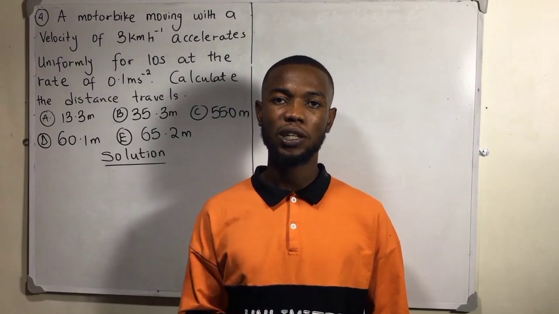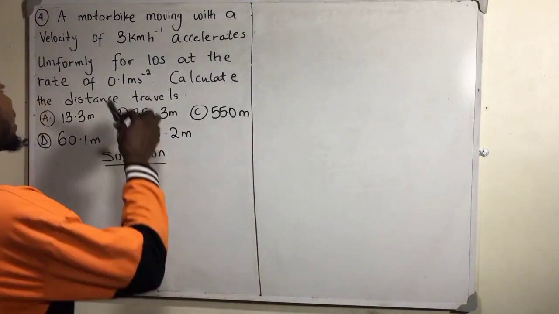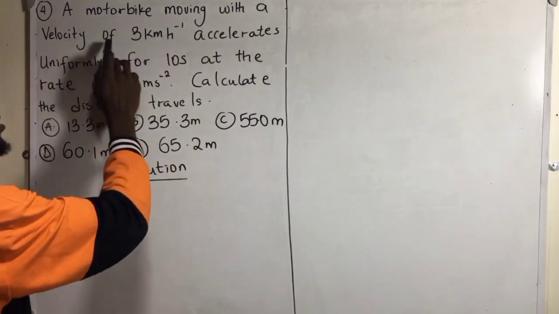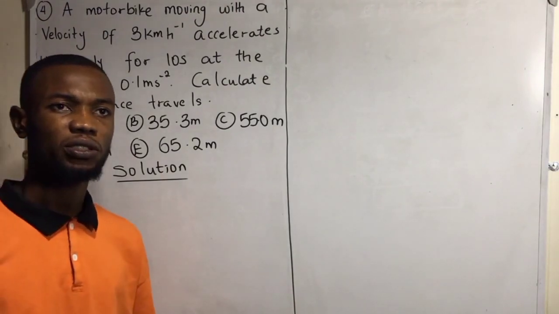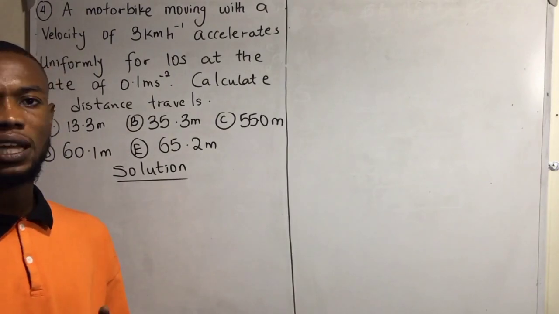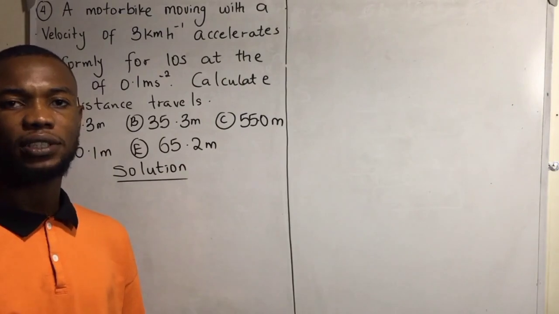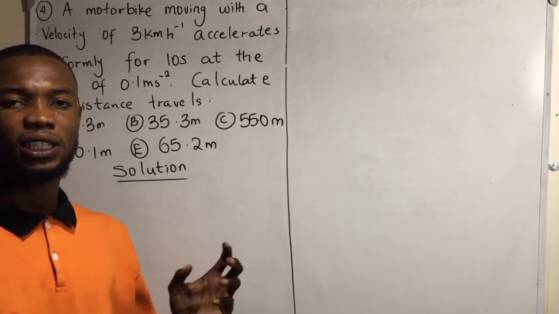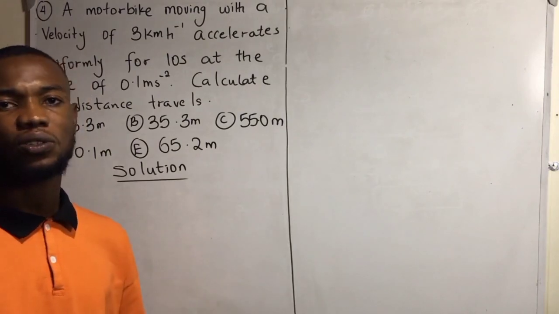Now let's check the question that we have here. A motorbike moving with a velocity of 3 km per hour. The velocity of the body is 3 km per hour. I've explained in our previous question that if the question does not state an initial velocity or a body at rest, and you're just given the velocity, it means the initial velocity is that velocity given to you.